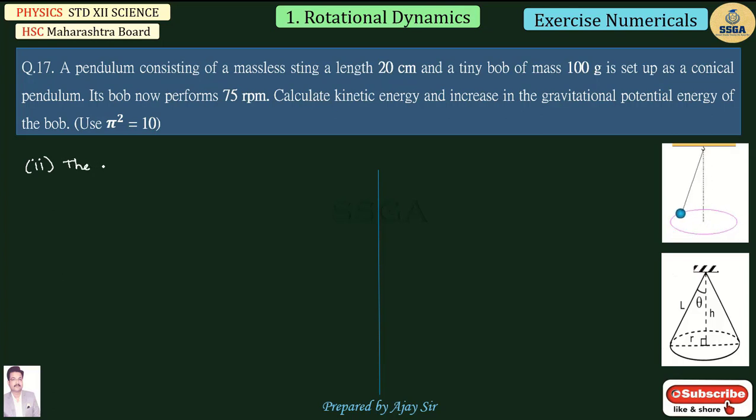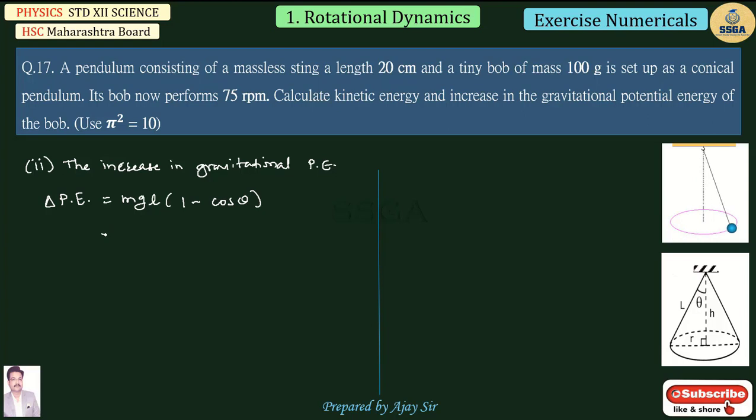The formula, that is the standard formula, delta P is equal to m g l into 1 minus cos of theta.